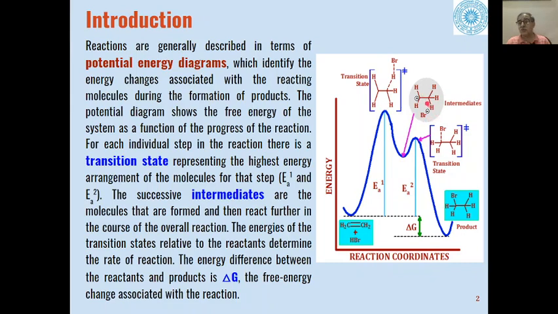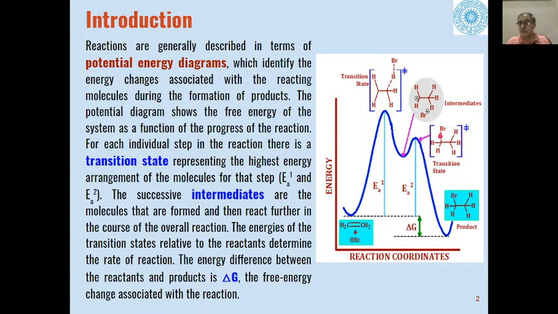So these are the two intermediates, and when this transition state gets converted into these intermediates, then the energy of the system becomes lower than the energy at this transition state. And then in this intermediate, Br negative will interact with this carbon positive, and we will have this type of transition state.